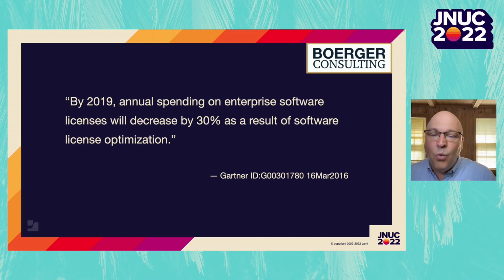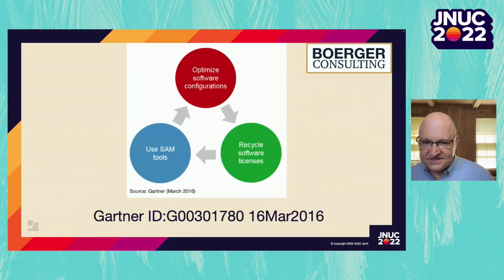But no, where does this 30% come from? Well, in the article, Gartner suggests 3 areas to focus in on. One is optimizing the software configurations. We all know what we're talking about here. How many times in our organization do we have software going out that makes no sense?